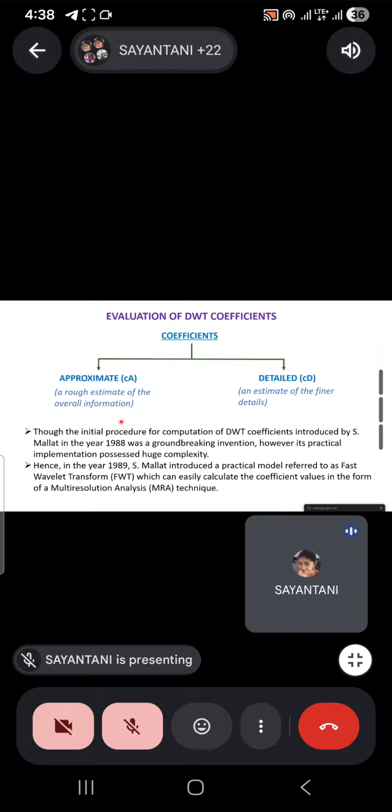So whenever we provide a time domain signal to this analysis, we obtain these two types of coefficient values. Now the question is how do we apply this process so that we get approximate coefficients as well as detailed coefficients?